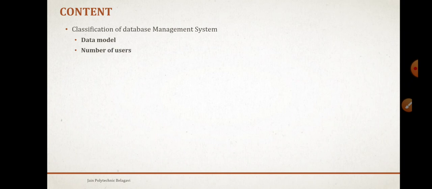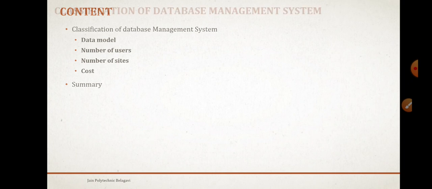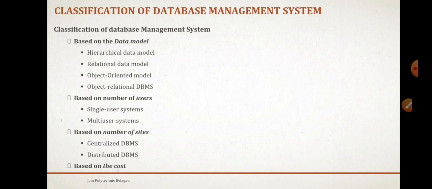So we have a data model, number of users, number of sites, cost, and summary. First we see how we divide database management systems into 4 types. The first one is based on the data model: hierarchical data model, relational data model, object oriented model, object relational DBMS.